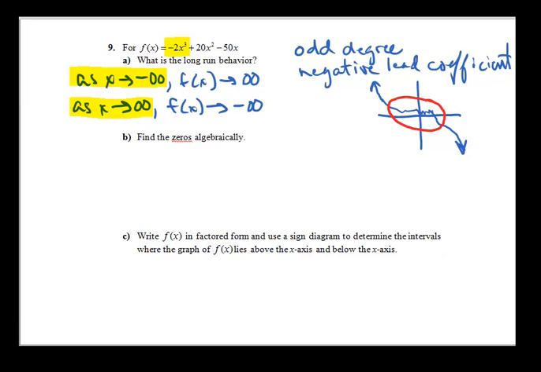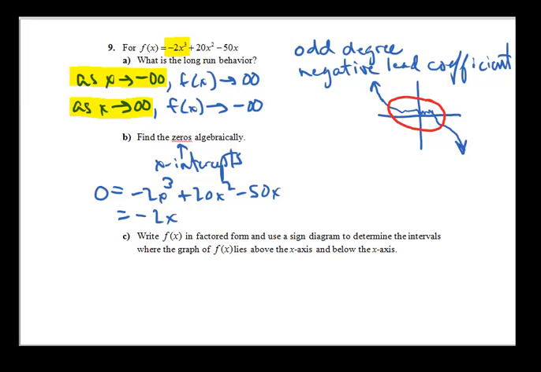Part B says find the zeros algebraically. Zeros are another name for x-intercepts. So I'm setting y, or f of x, equal to 0 and solving. I can factor out a negative 2x, and then I'd be left with x squared minus 10x plus 25.